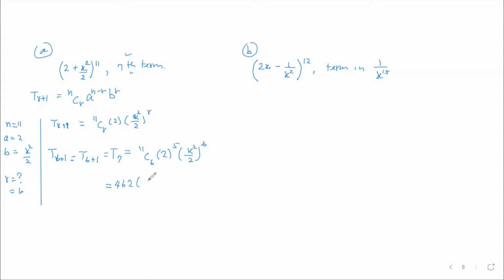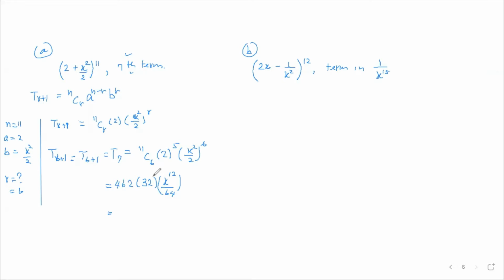Times 2 power 5 is what? 32. And then don't forget x power 2 times 6 becomes 12. And over 2 power 6 is what? 2 power 5 is 32, so 32 times 2 becomes 64. So 2 power 6 is 64. Now what we have, we can cancel to a lower term, right?